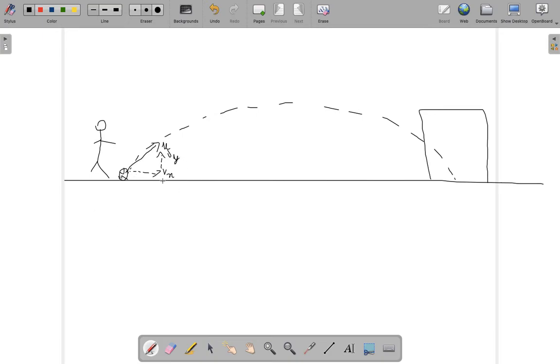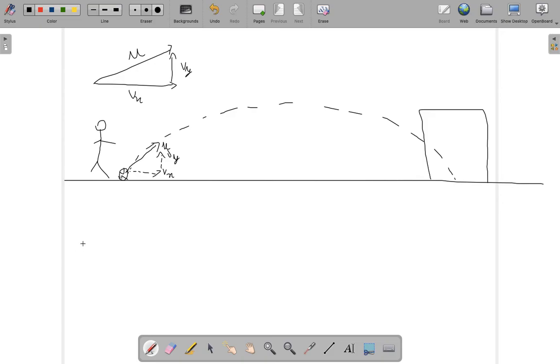If you notice, we actually have a right angle triangle. Let me draw it up so it's a little nicer to look at. We have our initial velocity, our y component of velocity and our x component of velocity.